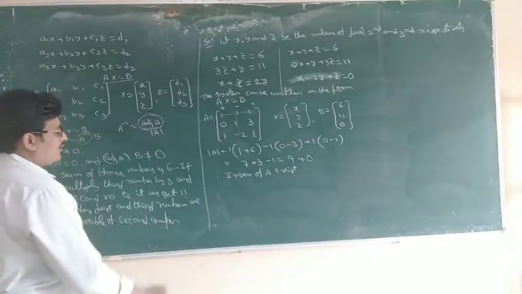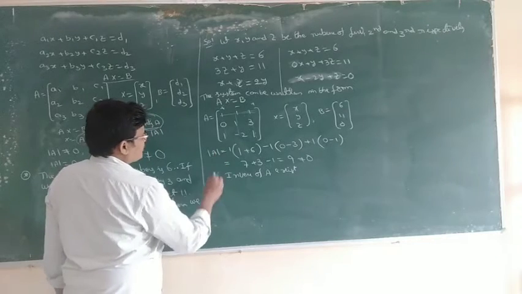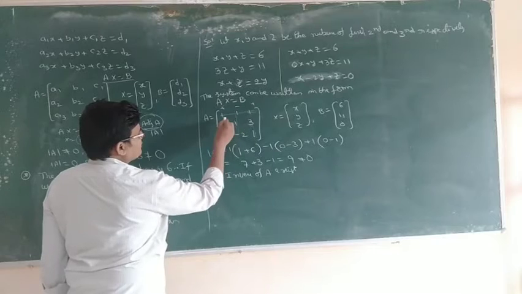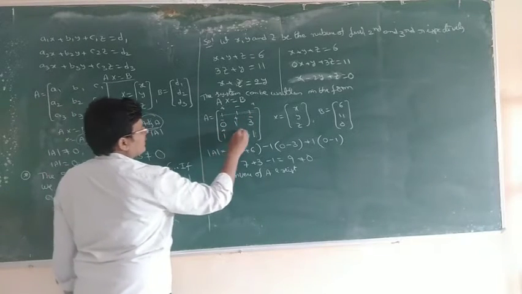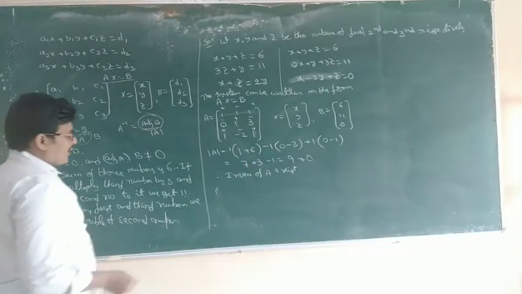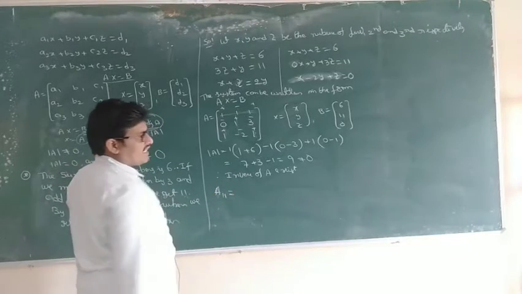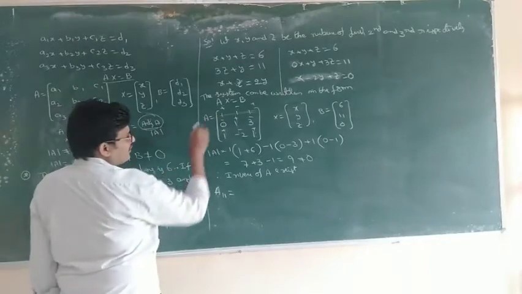Next, find out adjoint A. Adjoint A means the sign pattern is first plus minus plus, next minus plus minus, plus minus plus. So capital A11 directly. Capital A11 means what? This is the small a11.